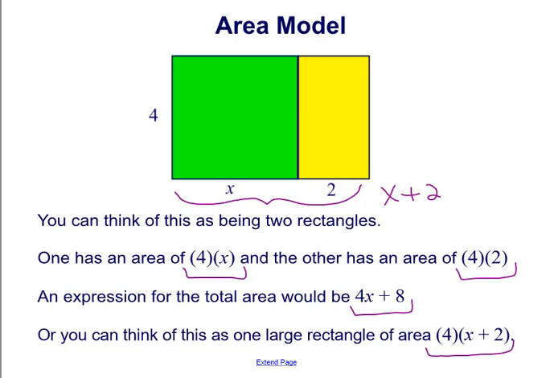But here we have an expression for the total area as 4x plus 8 from finding the area of the two smaller rectangles, and we have this expression of 4 times the quantity of x plus 2 from the area of the larger rectangle, which is the same. So that means these two expressions are going to be equal.